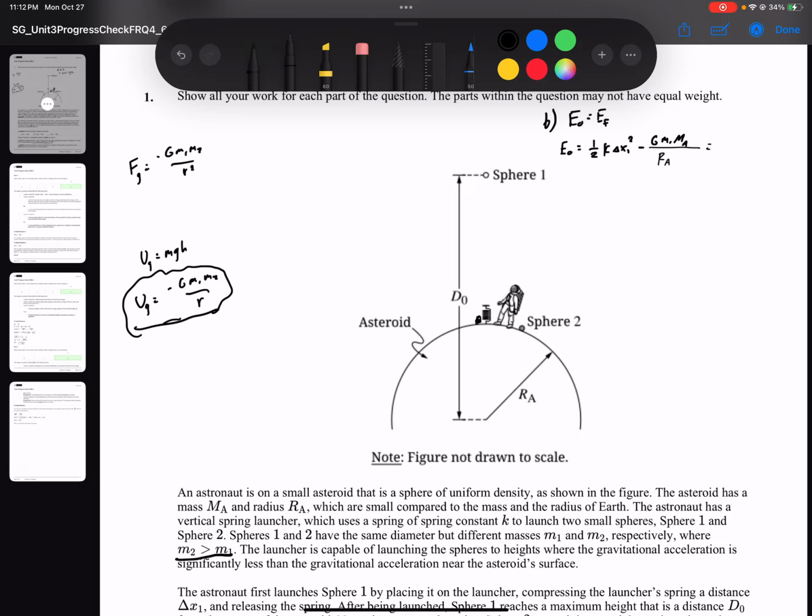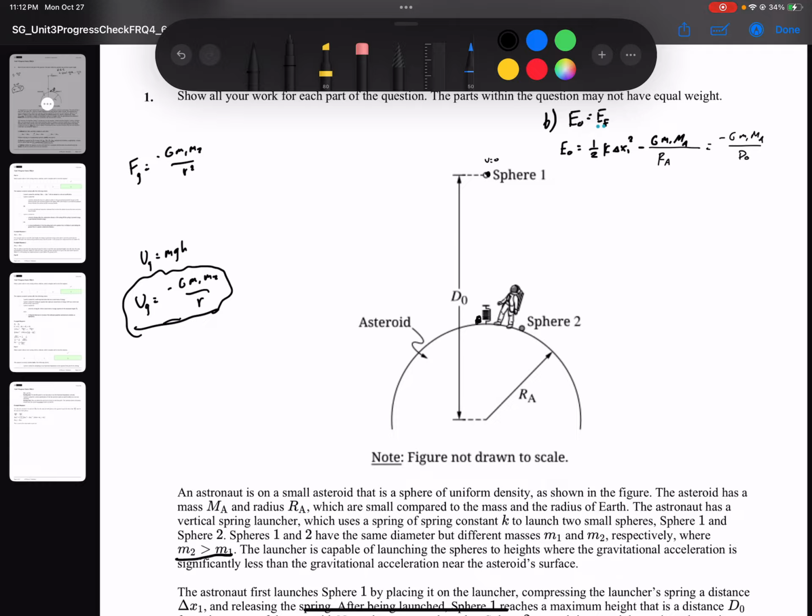And then that's going to equal the final energy of the system. So when the sphere reaches up here, the velocity is 0, all the energy stored as gravitational potential energy. So that's negative G m1 Ma, I think they use capital M, all divided by d naught. Okay, so that's my function.